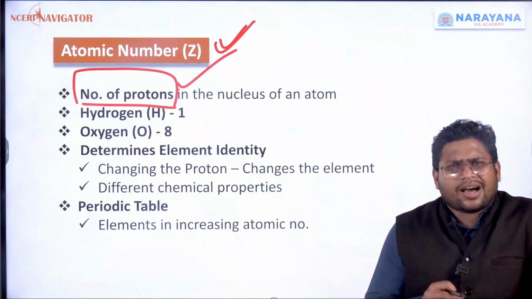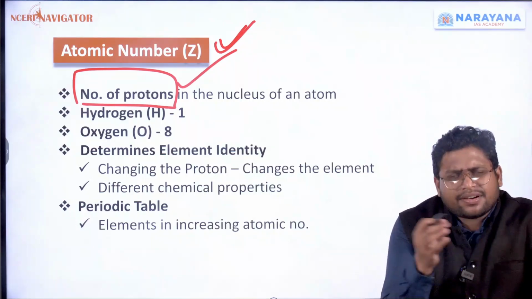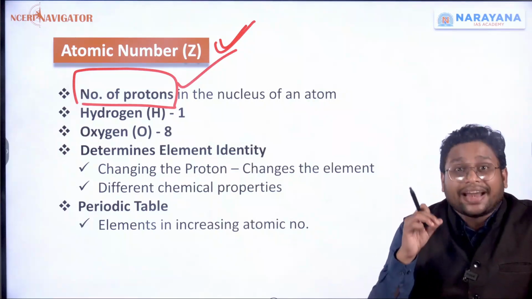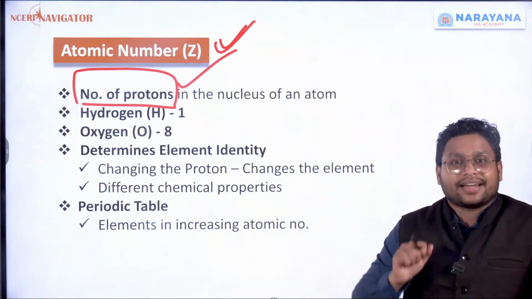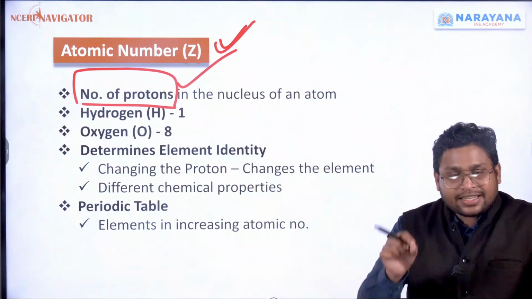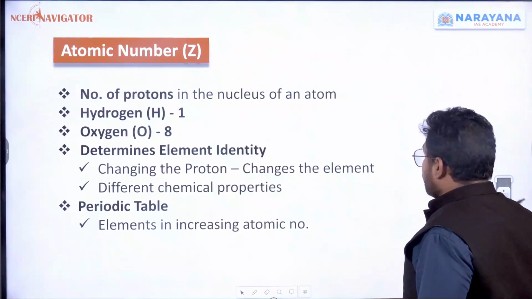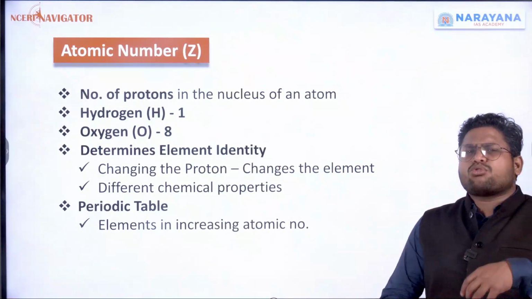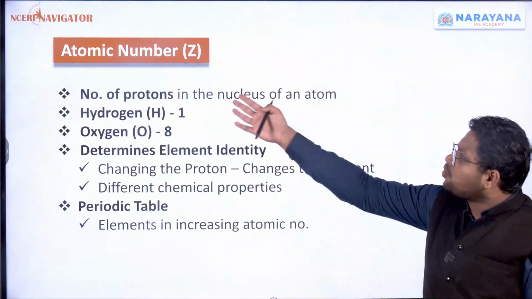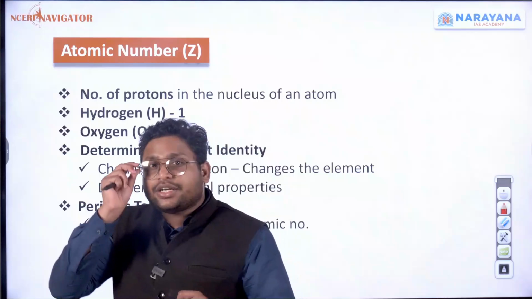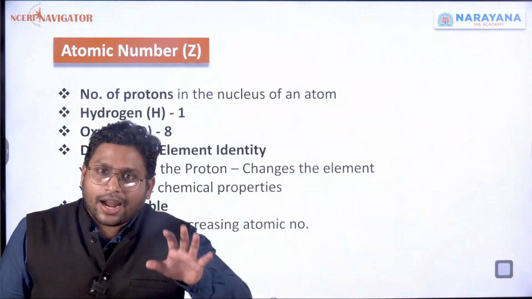So whether you take carbon, oxygen, nitrogen, whatever, if you take one atom, zoom in and see how many protons are present in that atom, that number of protons will be the atomic number of that particular element. And why are we so serious about the number of protons? Because protons are the real identity of any particular atom.